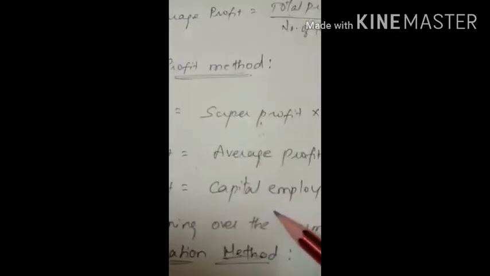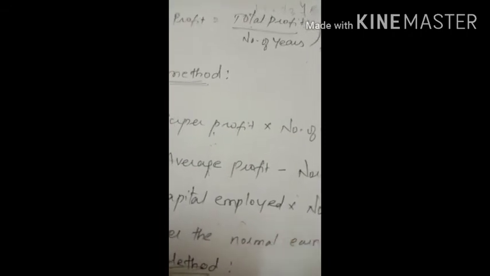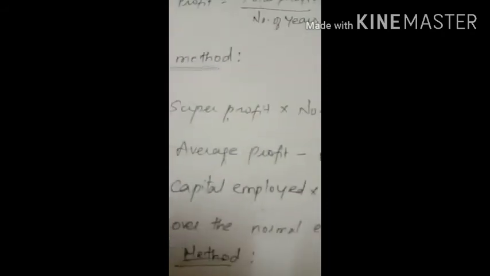Where the capital is invested, they may expect a rate of return. That is the normal rate of return. When you invest money, you may expect 3%, 5%. That becomes a normal rate of return. So based on this, capital employed into normal rate of return is normal profit.